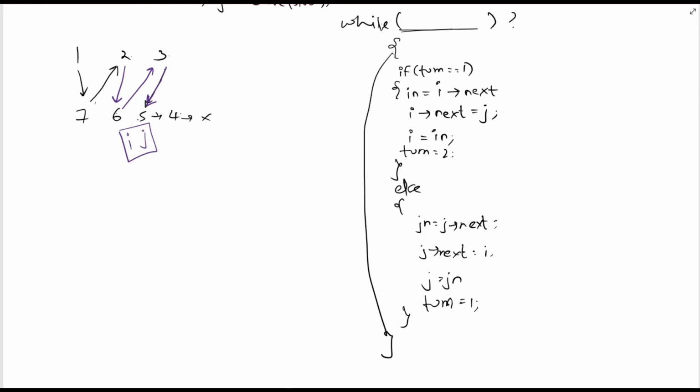That's it. Okay, let's just see if it works in the case of even also: 1 2 3, and I think it is 6 5 4, right? So let's see. So i would be here, j would be here. Now my i would be actually pointing to here, right?